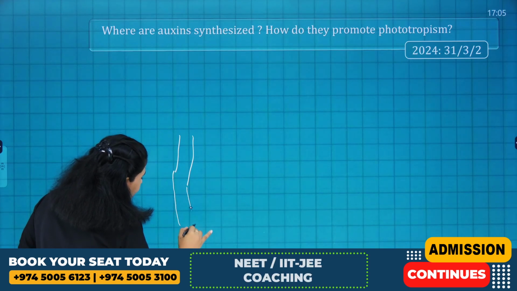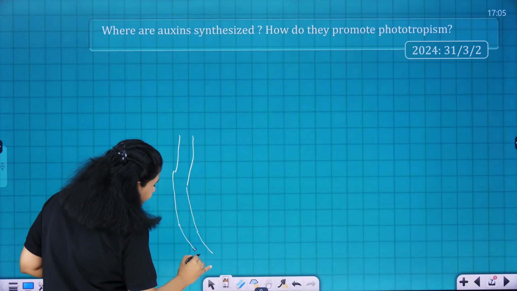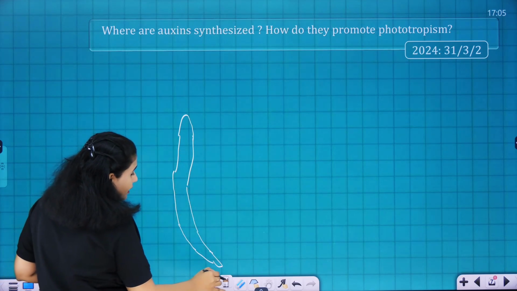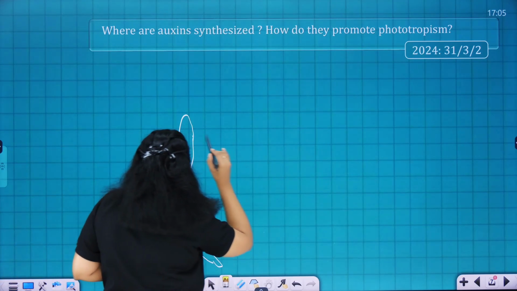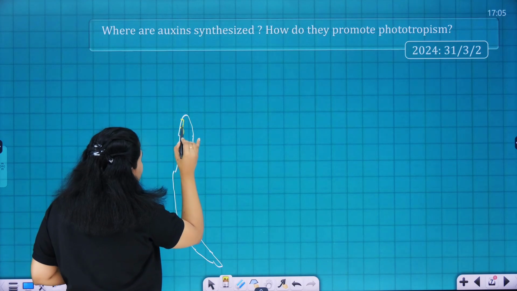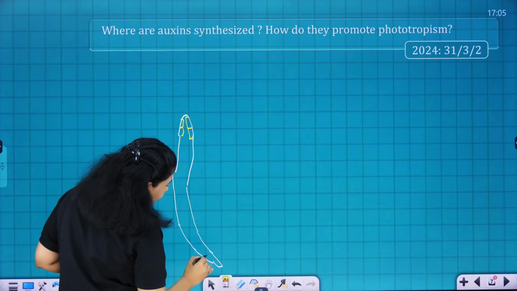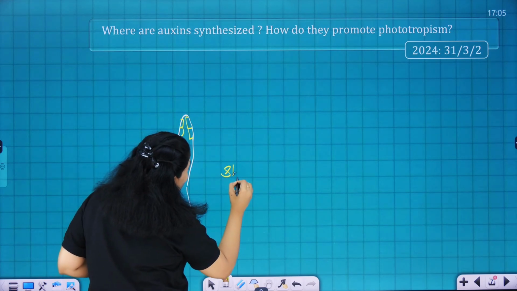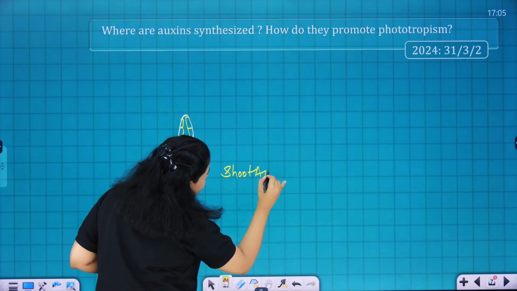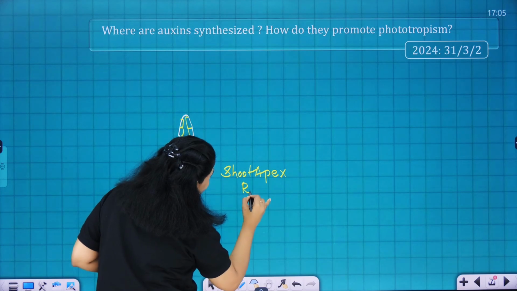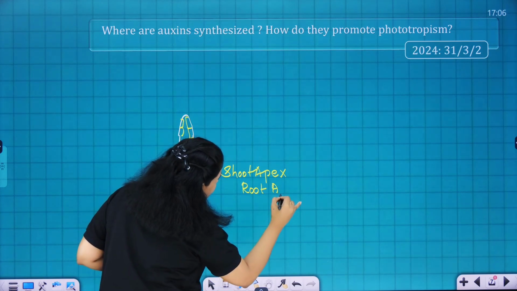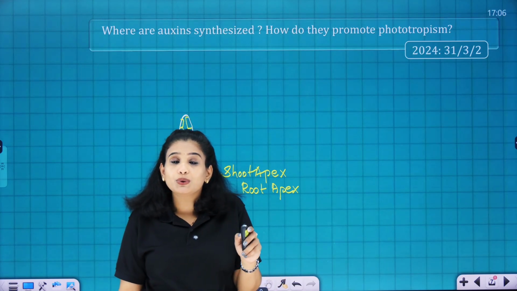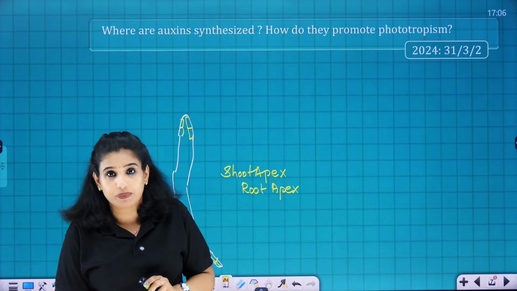We know that auxins are synthesized in the tips, either in the shoot tip or in the root tip. So auxins are synthesized in the shoot apex and the root apex.